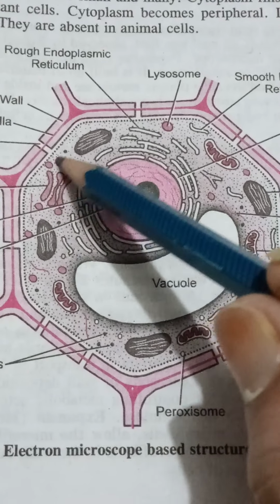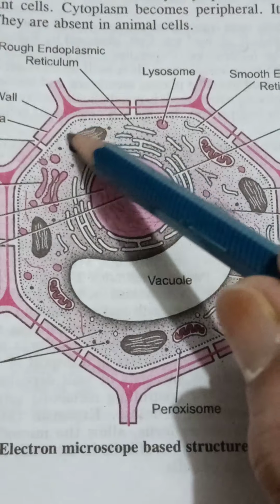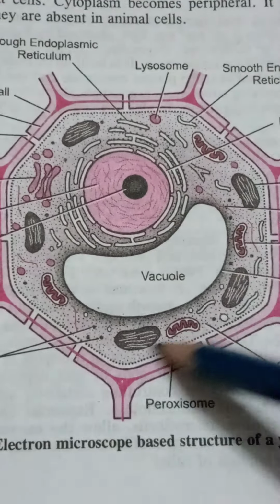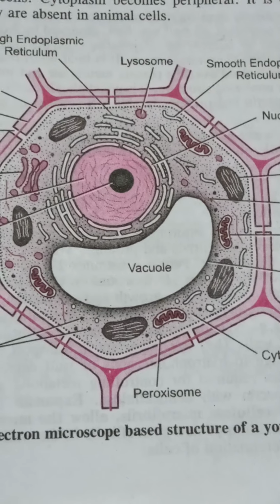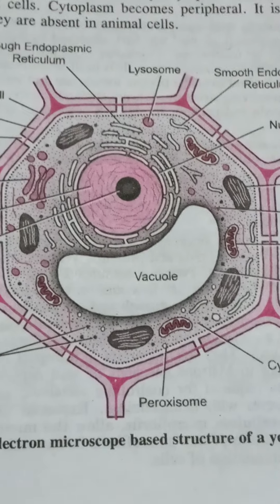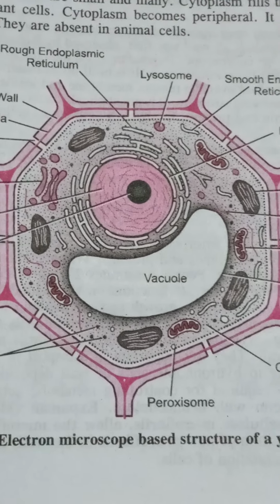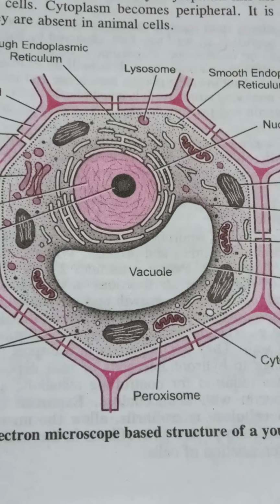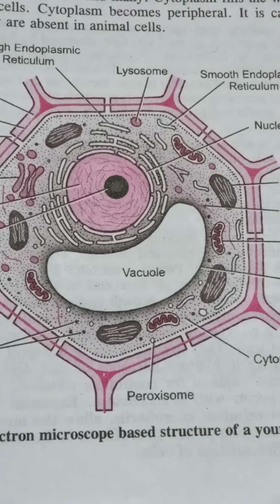This dotted structure indicates the plasma membrane. Just next to that is the plasma gel, and within the inner portion is the endoplast or the plasma sol.